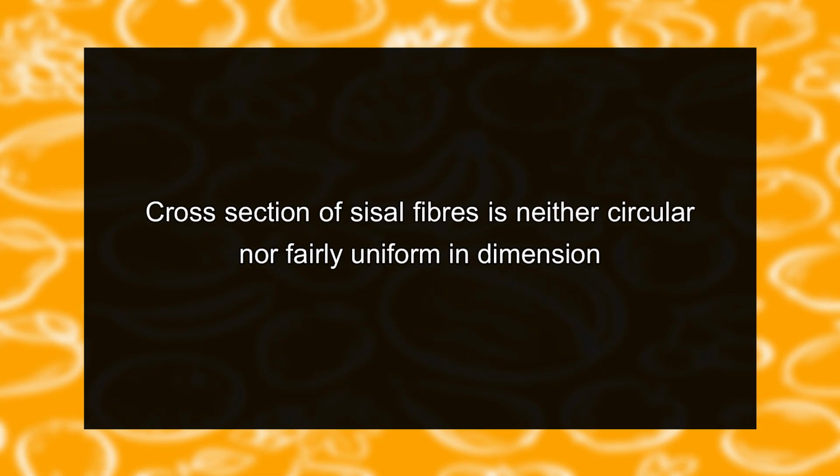The cross section of sisal fibers is neither circular nor fairly uniform in dimension. The lumen varies in size but is usually well defined. The longitudinal shape is approximately cylindrical. Longitudinal view and cross section of sisal fibers is demonstrated.